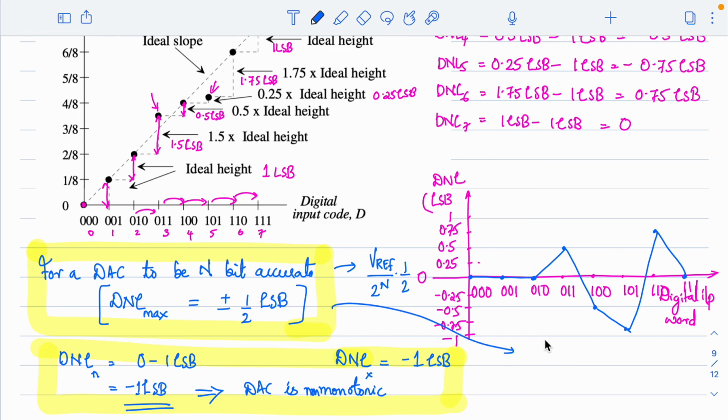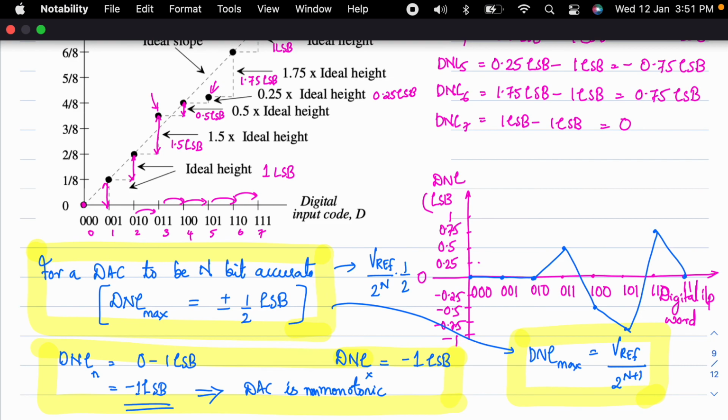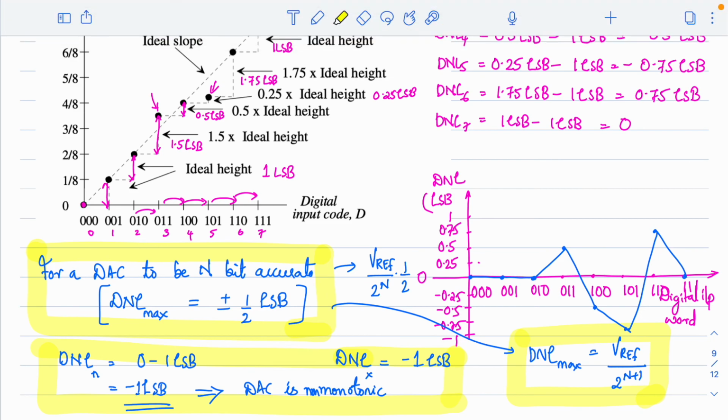Or I can also write DNL max as Vref divided by 2 to the power of n plus 1. This is just another way of representing that maximum DNL is half of LSB. Alright. So this is about DNL, and if you have any questions, you can ask. Let me answer that.